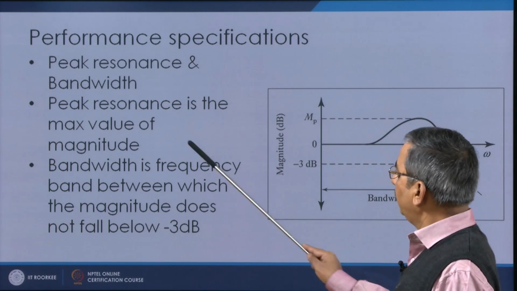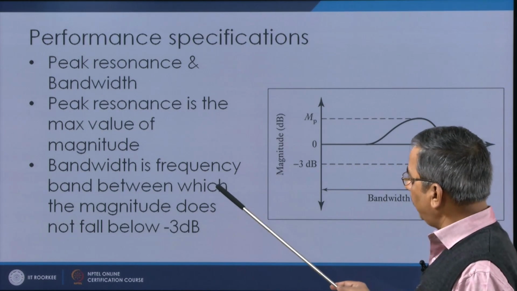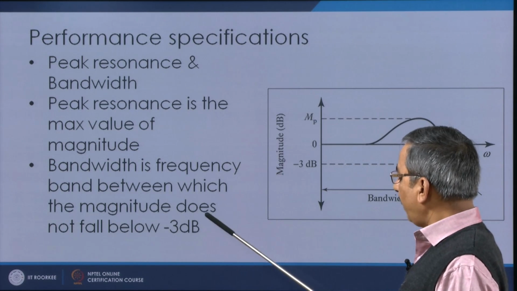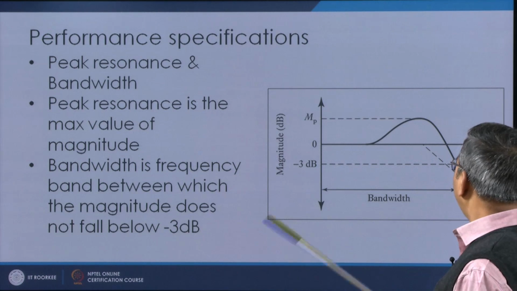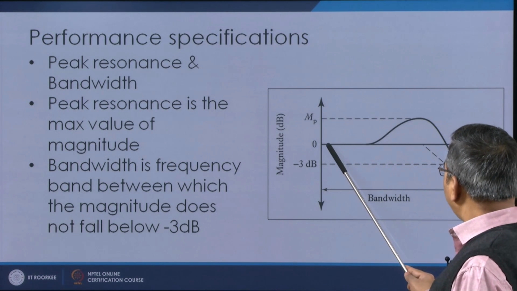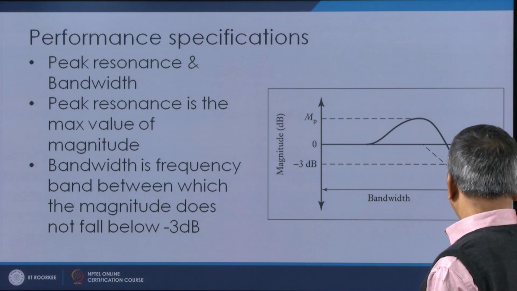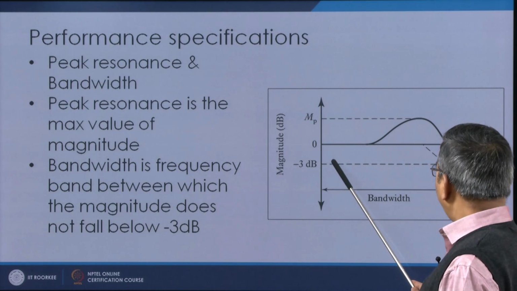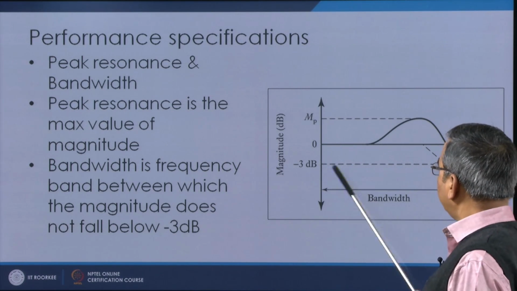The bandwidth is defined as the frequency band within which the magnitude does not fall below minus 3 dB. Say this is our 0 value here. After this, the magnitude falls below minus 3 dB, and this is going to be the bandwidth for the system.